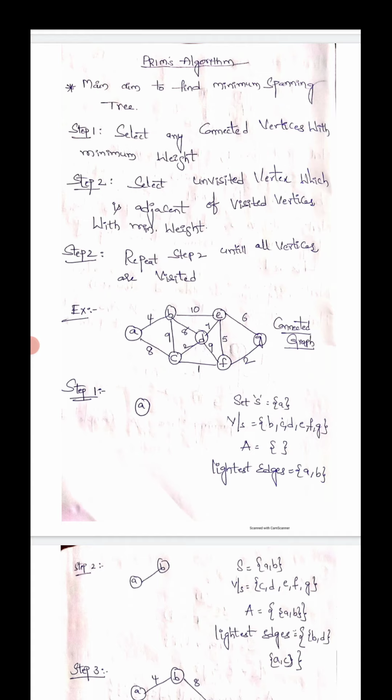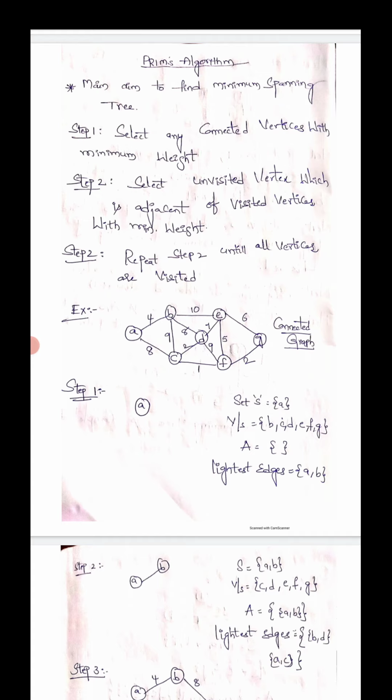Now we have to take the lightest edge, meaning the minimum weight edge. A has a connection to B and to C, but we choose the minimum possible weight edge, that is the lightest edge.